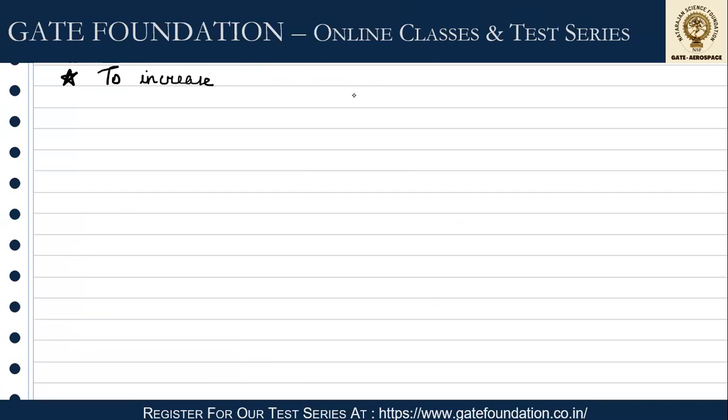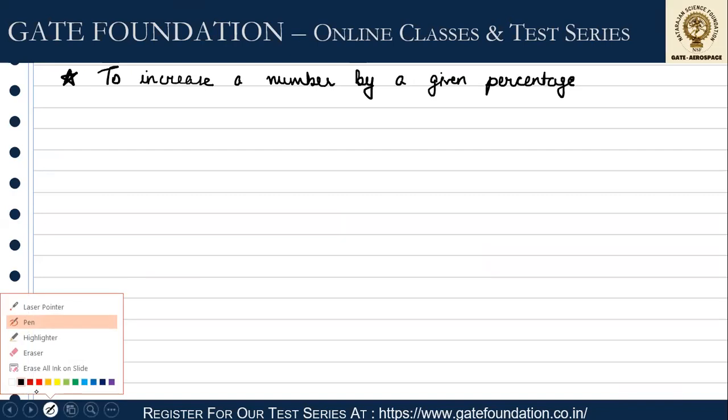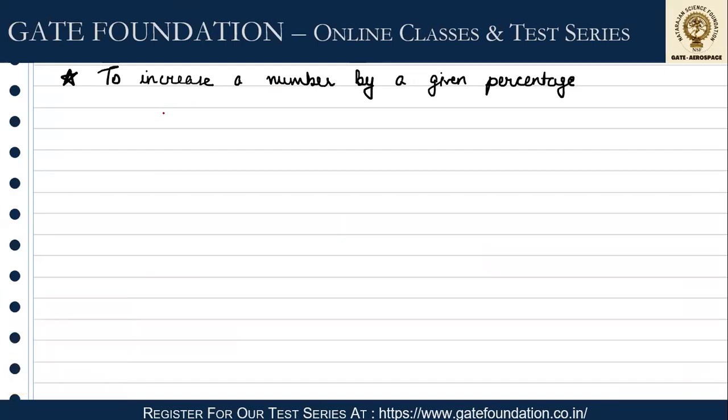So let's talk about how to increase a number by a given percentage. Right. So in order to increase, let's assume the numbers. Let's say number x is increased by y%.